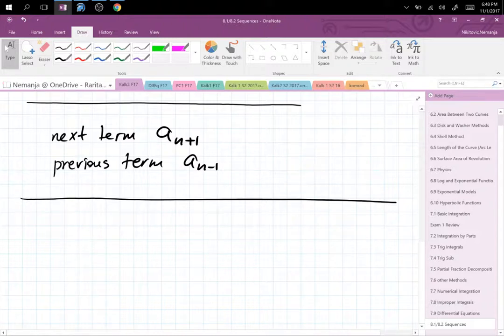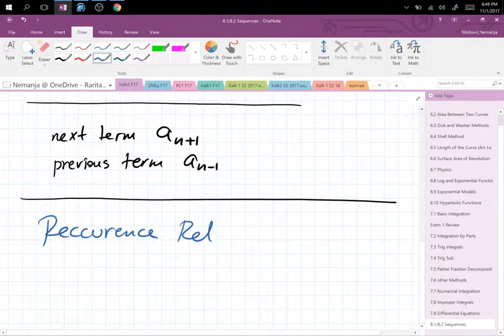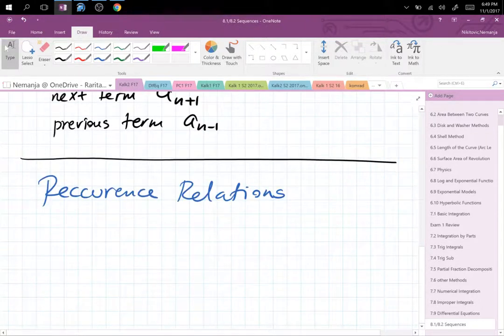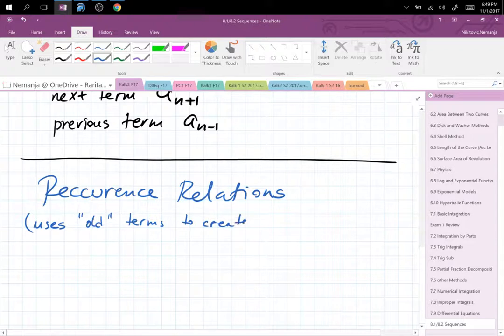They use old terms to create new terms. So recurrence relations, we can say in parentheses, use old terms to create new terms.